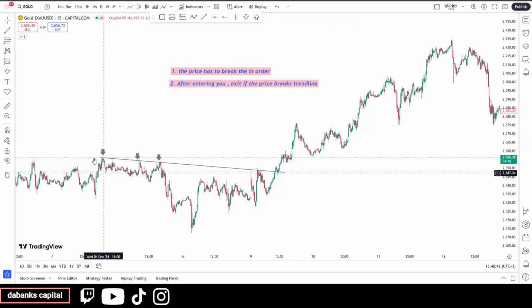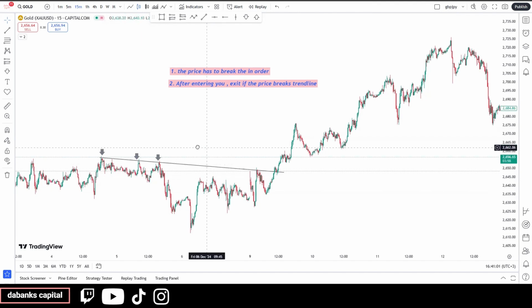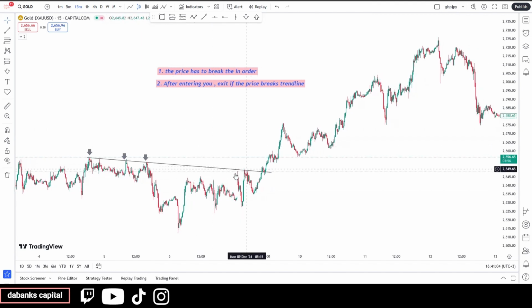The market was respecting this trend line, and the direction of the market was going down. The market went down, then reversed, then tested the trend line once more, then went down and did what? Broke the trend line.